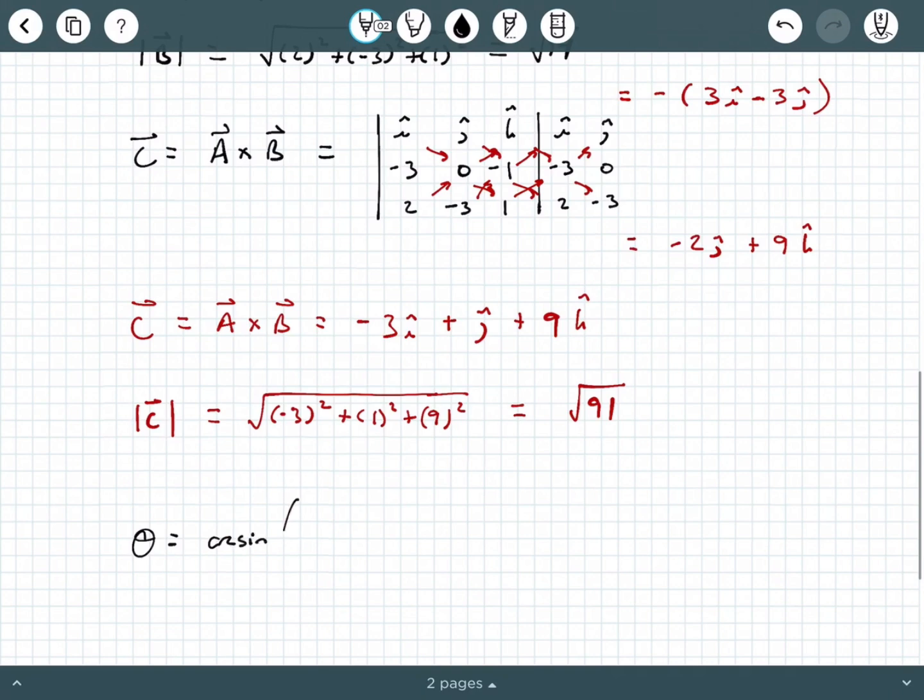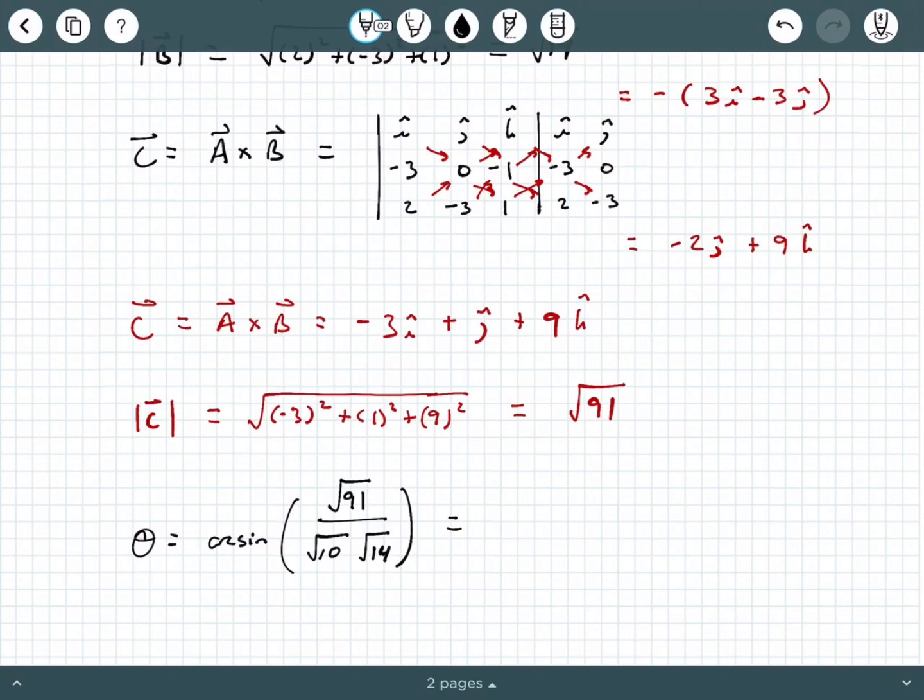We're going to say theta equals arc sine of square root of 91 divided by square root of 10 times square root of 14 in that denominator.